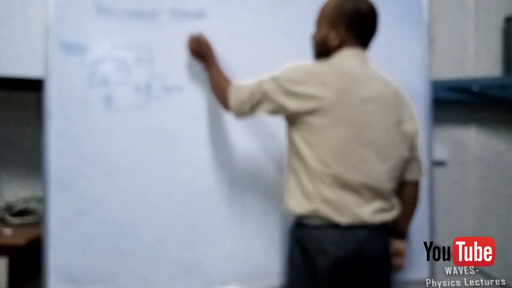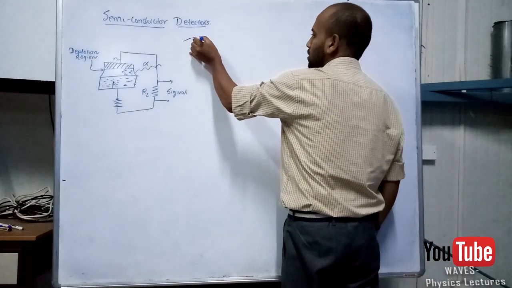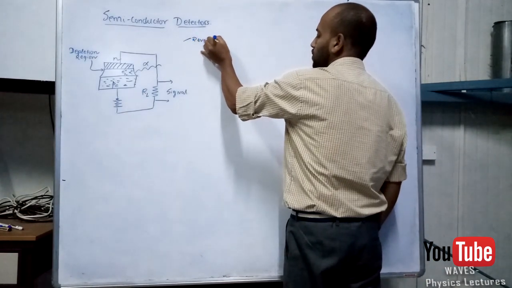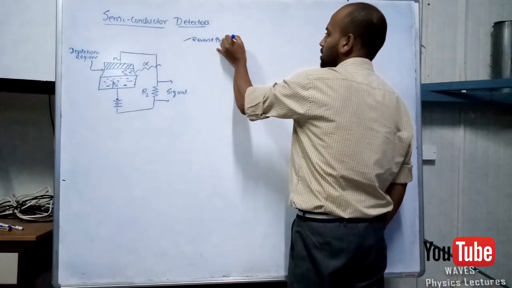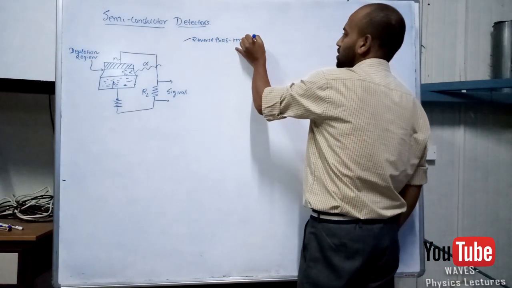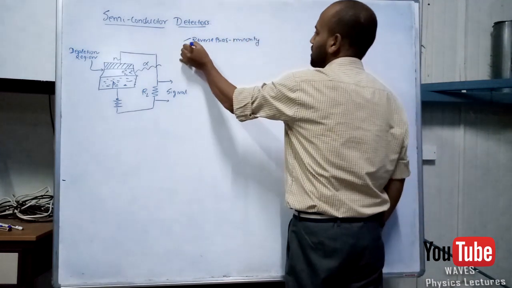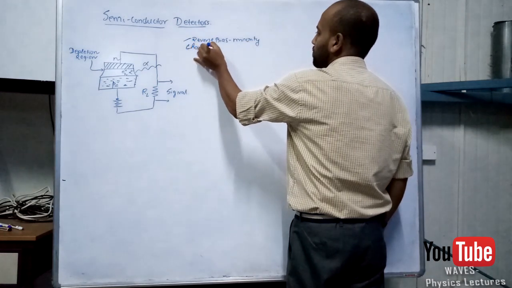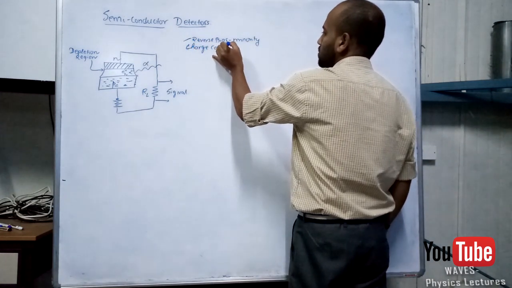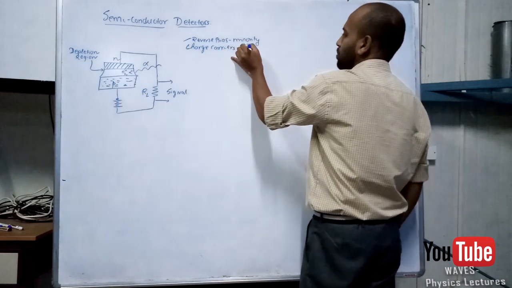So what is going to happen because of that? Only minority charge carriers take part in the conduction process, right? If there are only minority charge carriers, you are going to get minimum current. So here we have reverse bias, minority charge carriers, and minimum current.